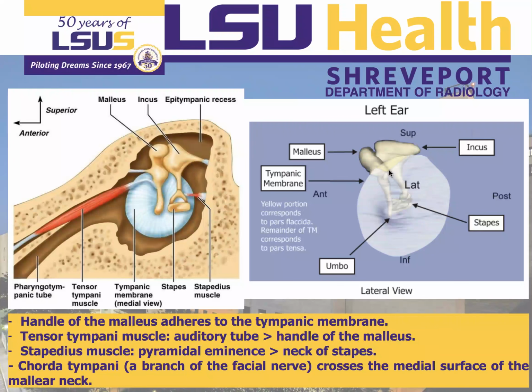So most of the tympanic membrane is the pars tensa. The only part that is not super stretched is here in the anterior superior part of the tympanic membrane, and this is called the pars flaccida, and this is where the cholesteatoma arises, so that's why it's important.